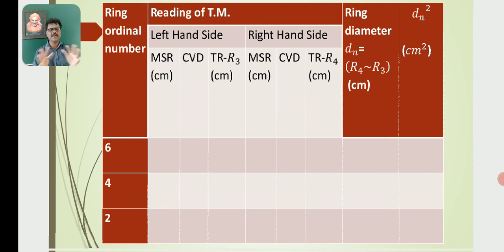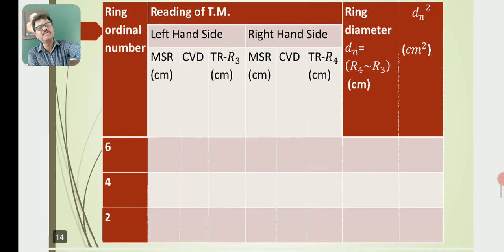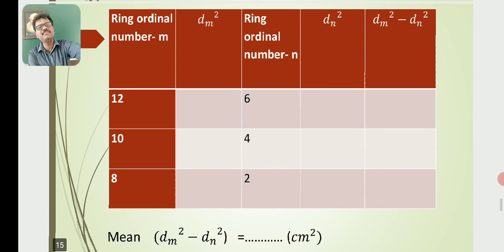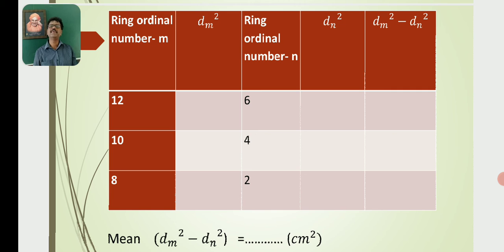Then the diameter of the 6th ring, the 4th ring, and the 2nd ring can be determined with the help of this expression, dn is equal to R4 minus R3. Then squaring all those things, dn square for the 6th ring, dn square for the 4th ring, dn square for the 2nd ring. So this is the tabular column we have used for the determination of the diameter of the rings with the help of the traveling microscope.